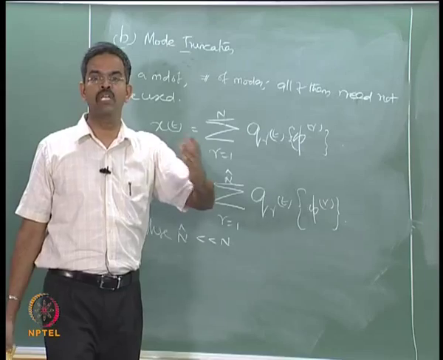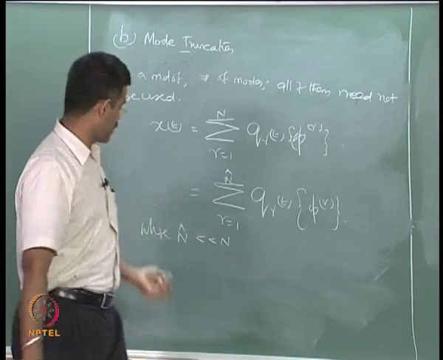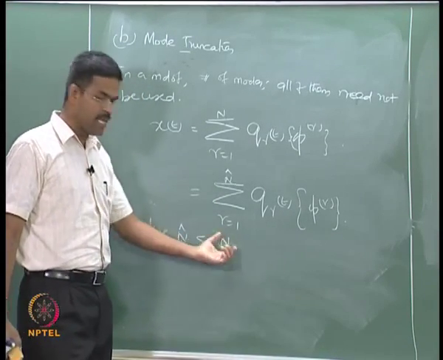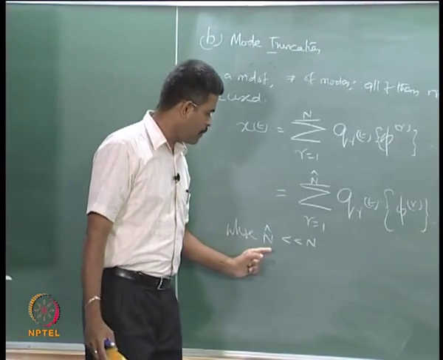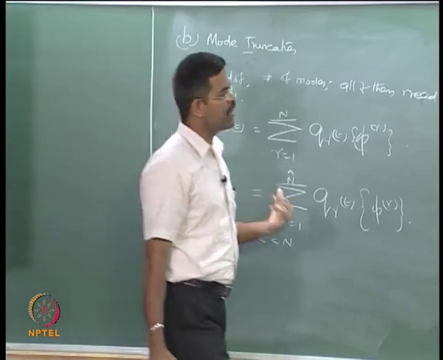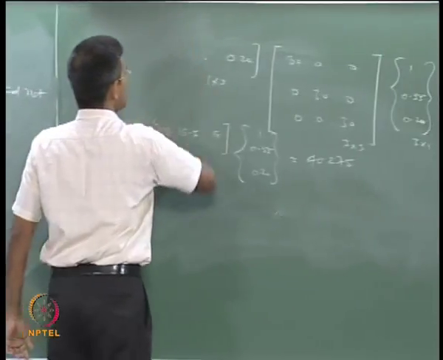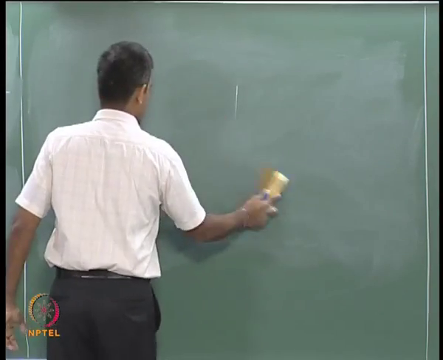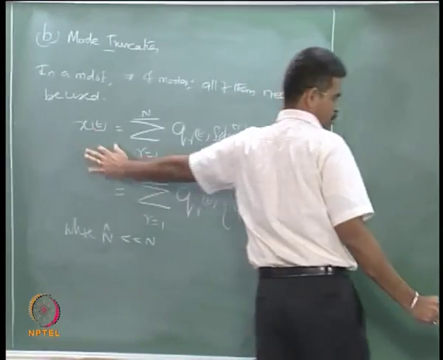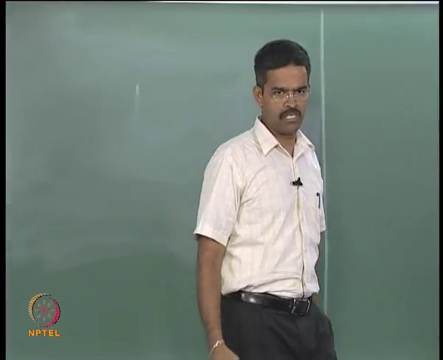For example, with a 1000 degree freedom system model you can pick up only 10 or 20. Now the question is how many modes you desire for n hat, what will be the factors which decide the number of modes to be considered in your response computation? Remember, we are talking about the response computation, right?